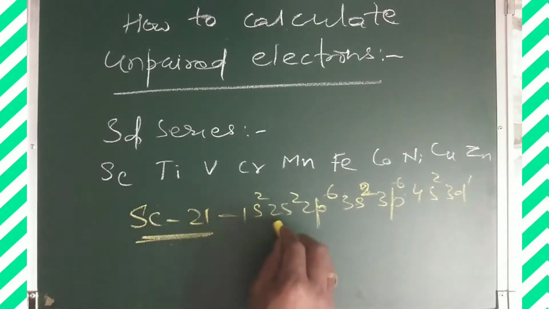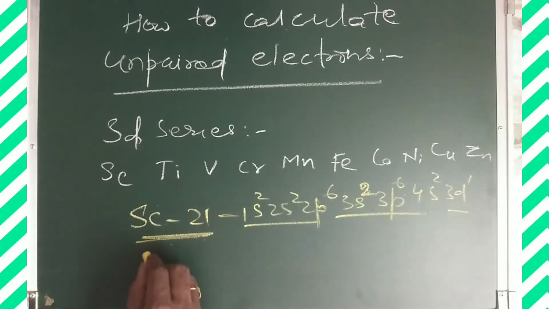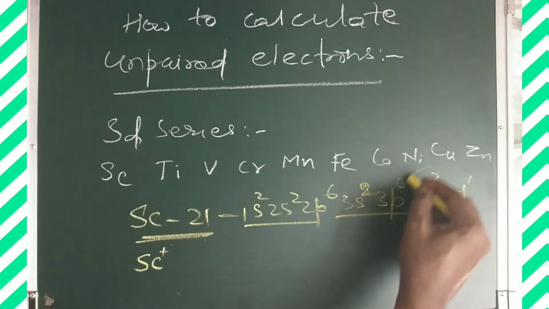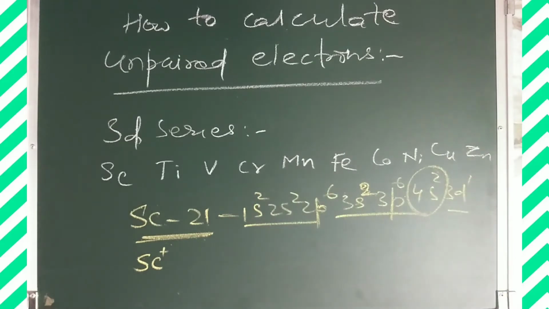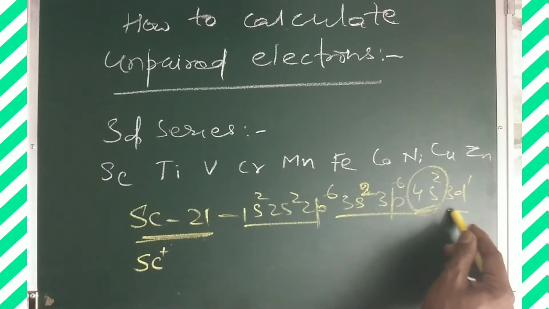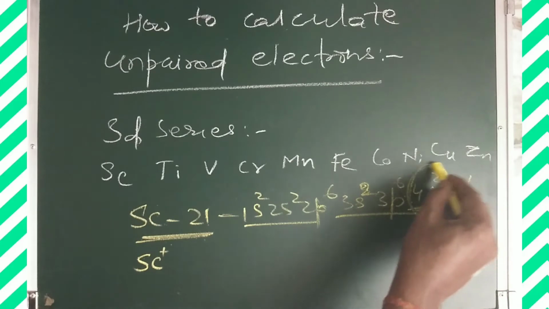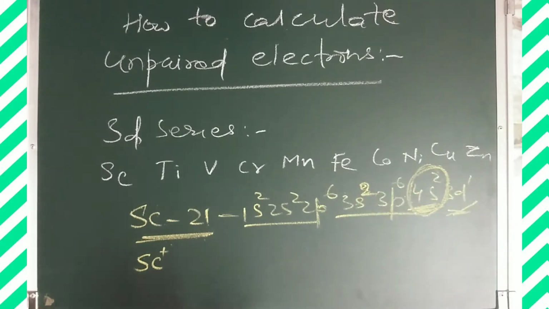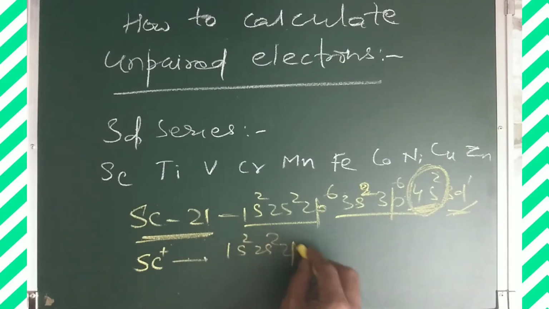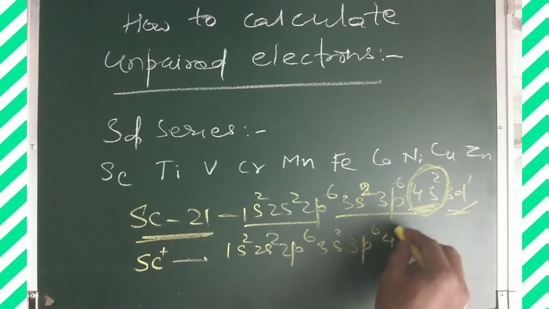When they ask you to remove an electron from scandium, suppose Sc+, you have to remove the electron from 4s, because 4s is outermost here. Maybe the energy of 4s is less than 3d, but you have to remove from 4s, and only after removing all the electrons from 4s can you remove from 3d. So Sc+ will be 1s2, 2s2, 2p6, 3s2, 3p6, 4s1, 3d1.